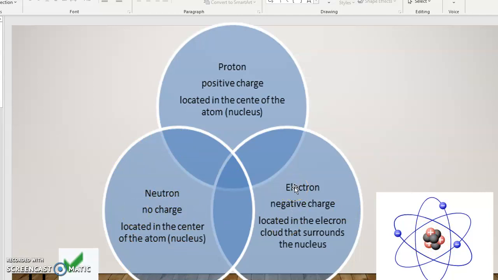Also remember that electrons are negatively charged, and they are located out here in the orbitals. Sometimes we call them clouds, sometimes we call them energy levels, but at any rate, this is a depiction of what an atom looks like. Here is your nucleus, and here are your electrons.